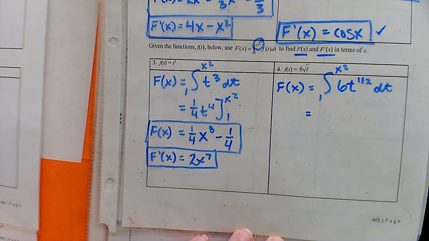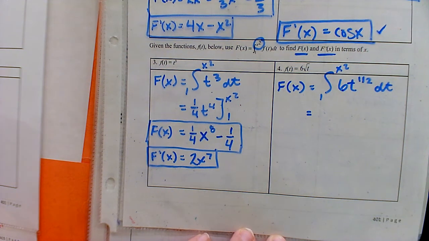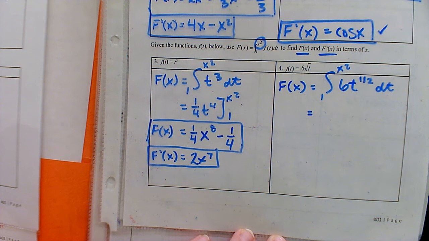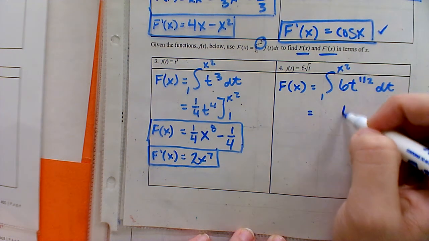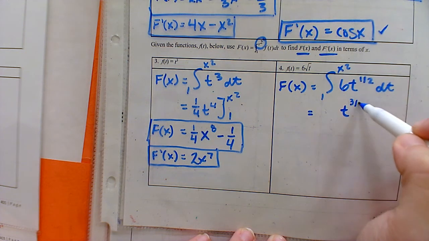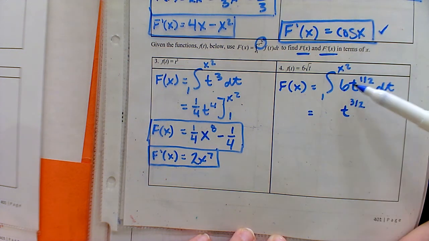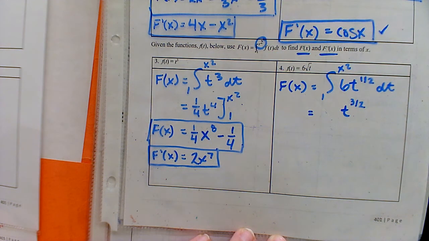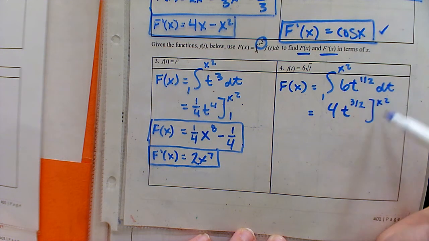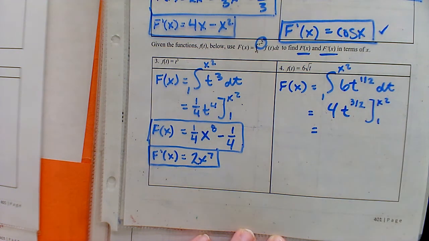If you have a 6t to the 1/2, what did you have before? Do you remember our reverse power rule? If we add 1 to the power, that would be 3/2, and then we have to divide 6 by 3/2, so kind of fraction work going on there. You'd eventually get 4t to the 3/2. All right, first fundamental theorem, top minus bottom.